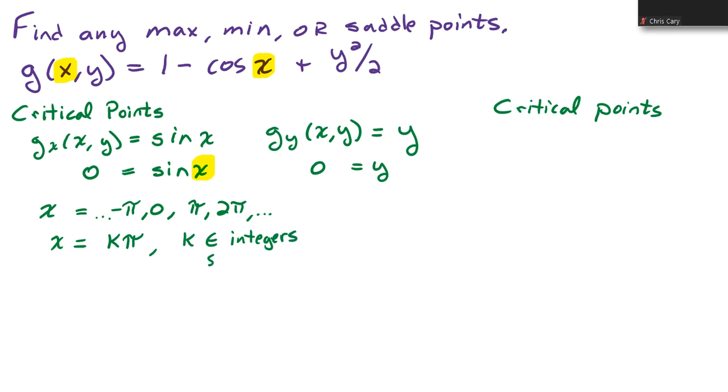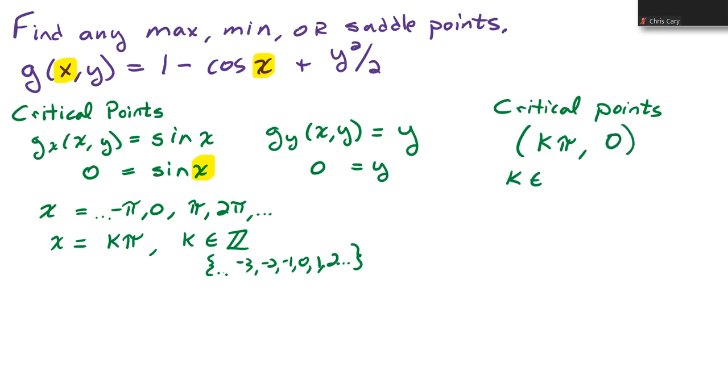Remember, the integers are the values -3, -2, -1, 0, 1, 2, etc., and the symbol for integers is a double-struck Z. So the most concise way to write this is to say k is an element of Z. Now we have to analyze infinitely many critical points. Sound fun? So our critical points are k pi, 0, where k is some integer. All right, let's jump in and see what happens.